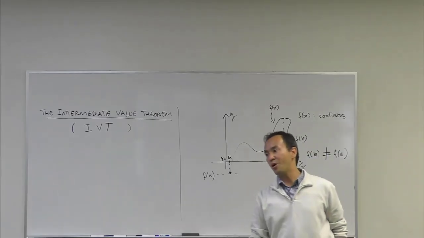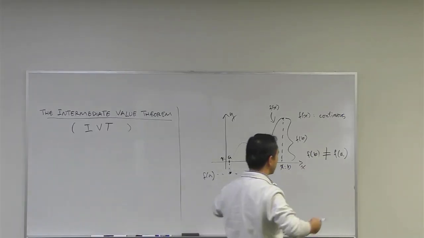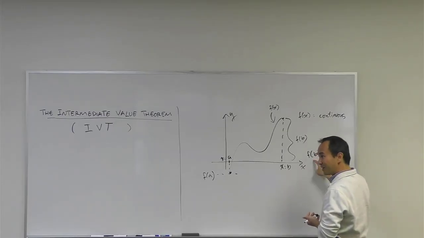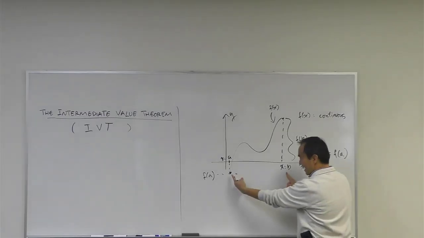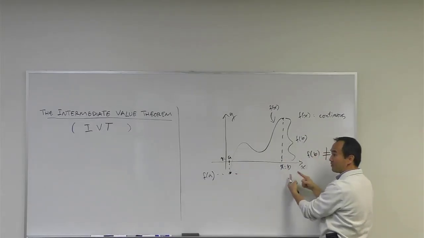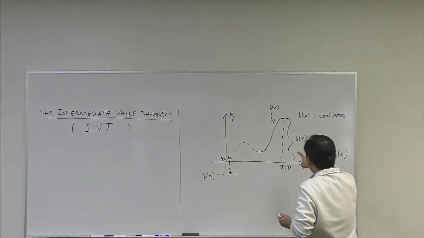So that's another requirement. We want to consider a function being continuous further, on some interval where the left end gives an output different from the output on the right end. Okay, just being different. I'm not saying that f of b has to be higher.